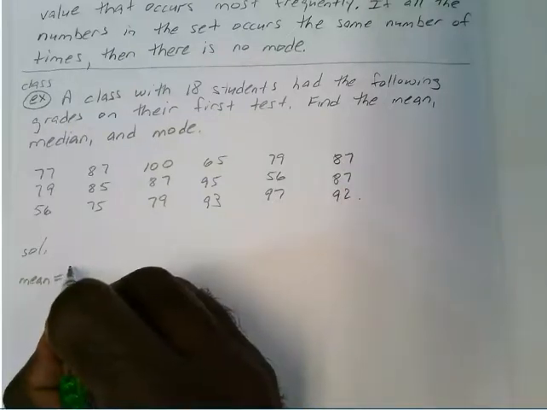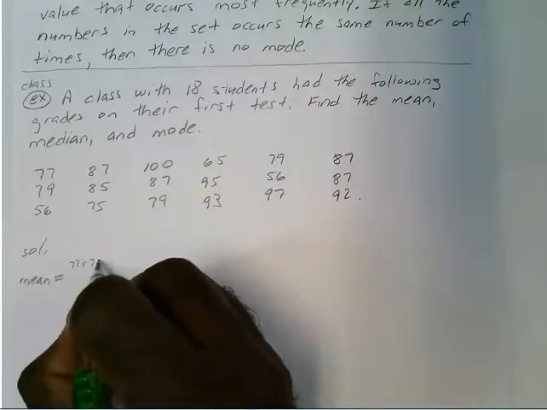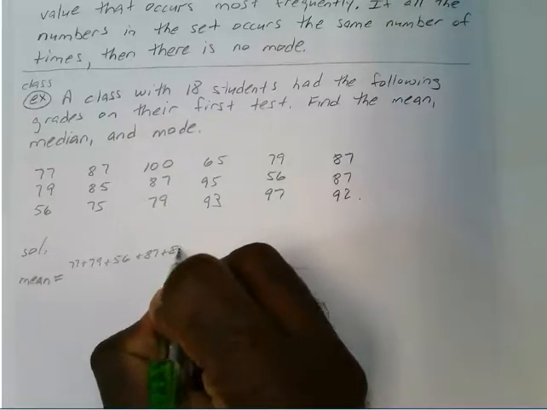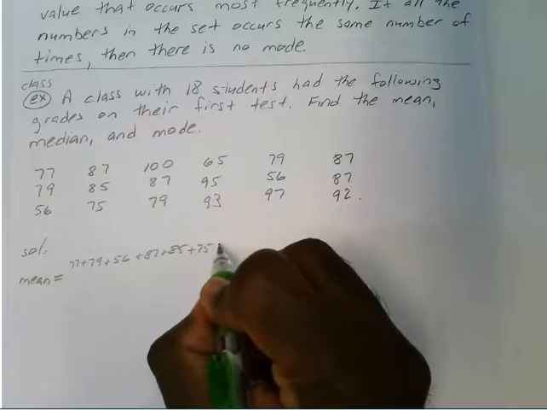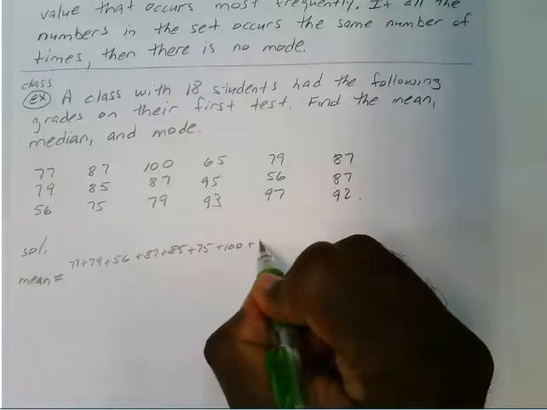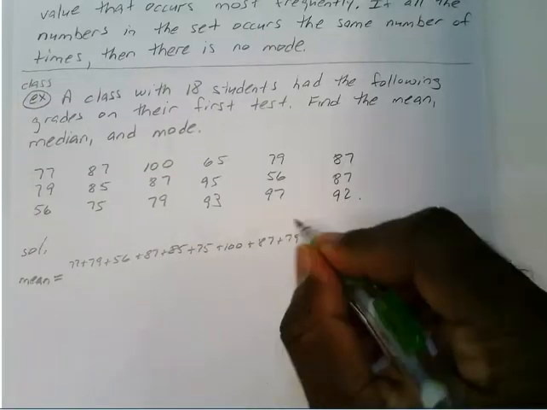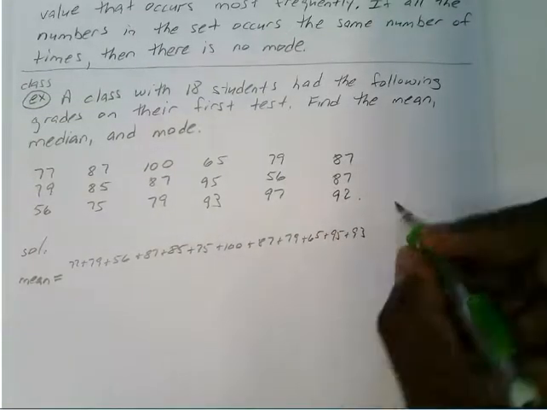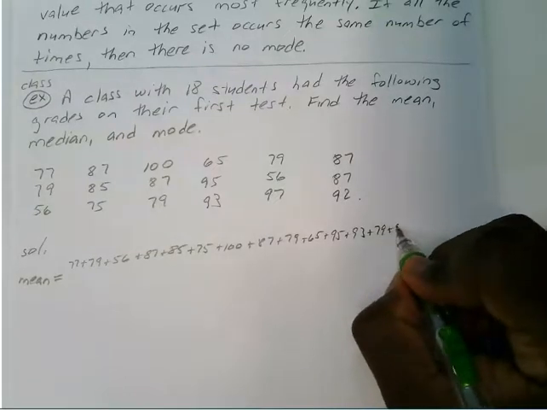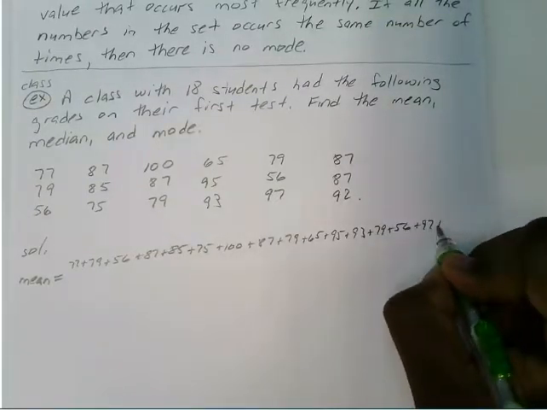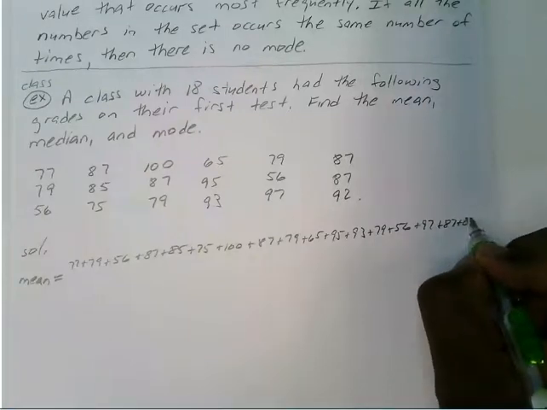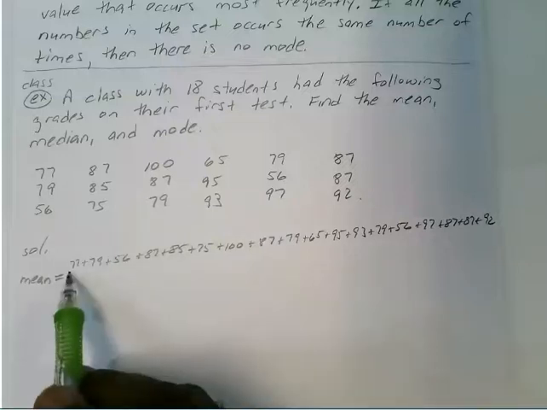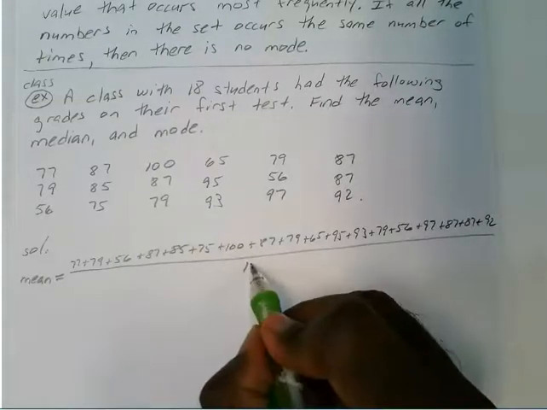So we have 77 plus 79 plus 56 plus 87 plus 85 plus 75 plus 100 plus 87 plus 79 plus 65 plus 95 plus 93 plus 79 plus 56 plus 97 plus 87 plus 87 plus 92. Got them all on there. And divide that by 18.